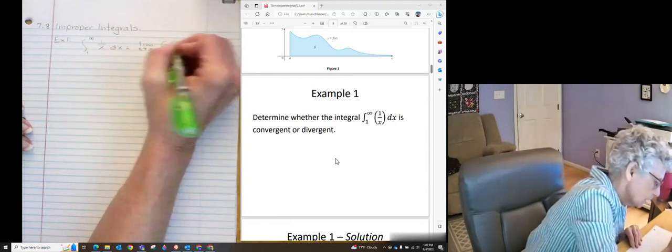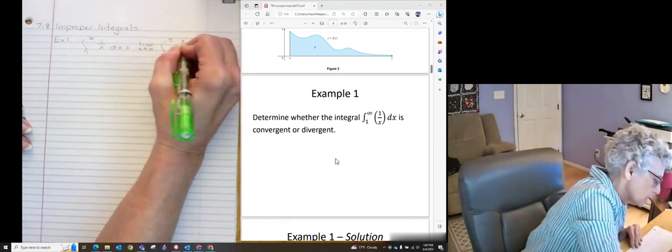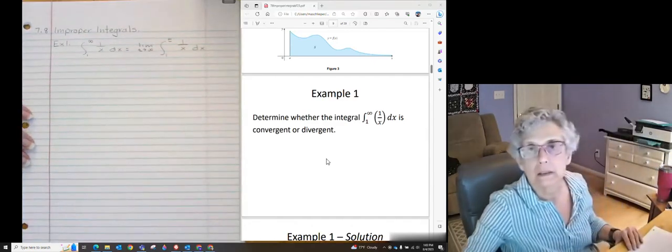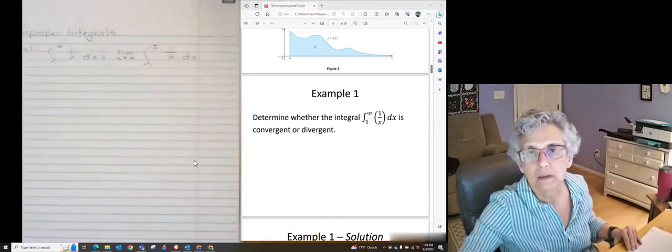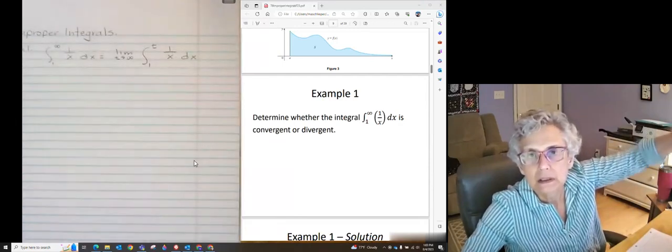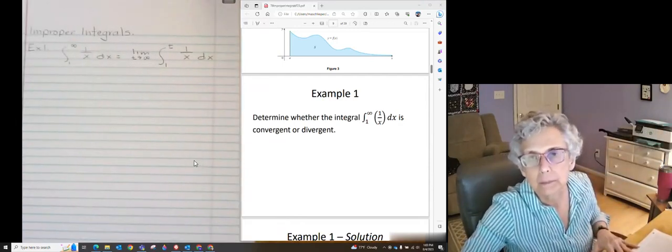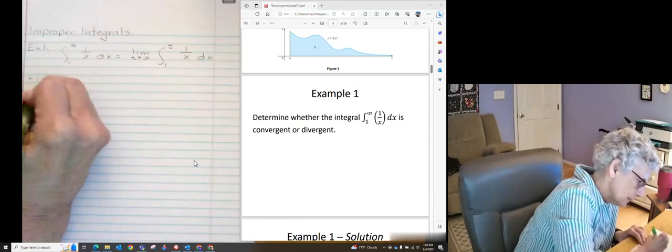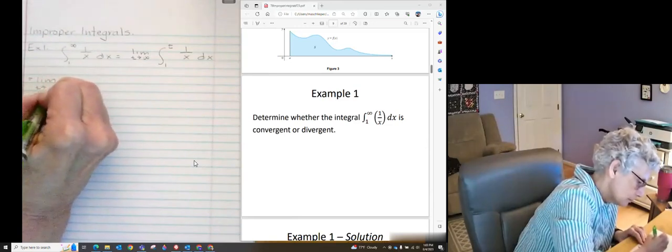Limit as t approaches infinity, integral from 1 to t, 1 over x dx. Okay, so now the limit stays just like it is.